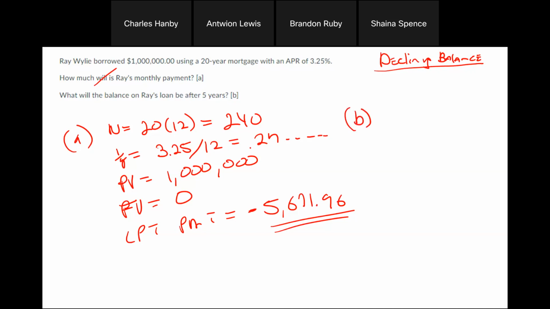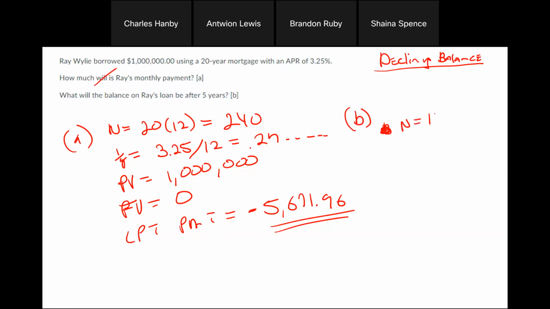So B says, what's the balance after 5 years? What we need to do is determine the number of payments that are left.